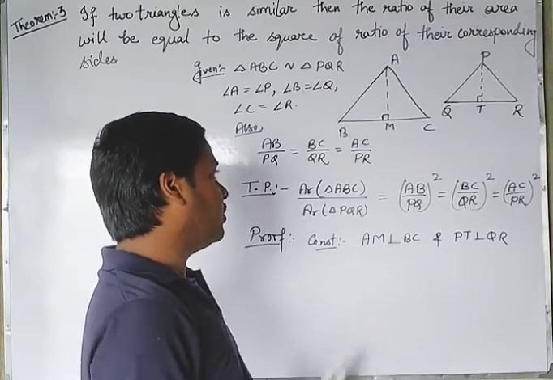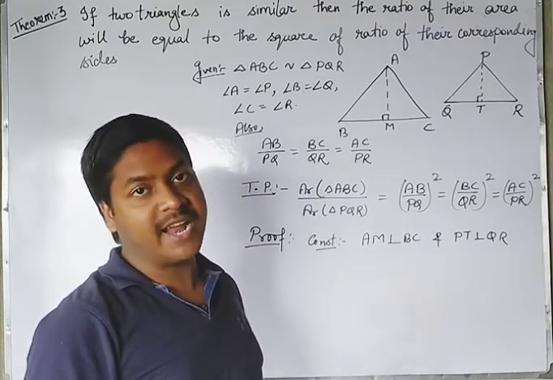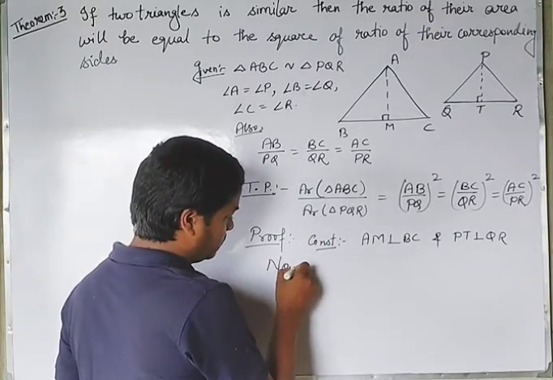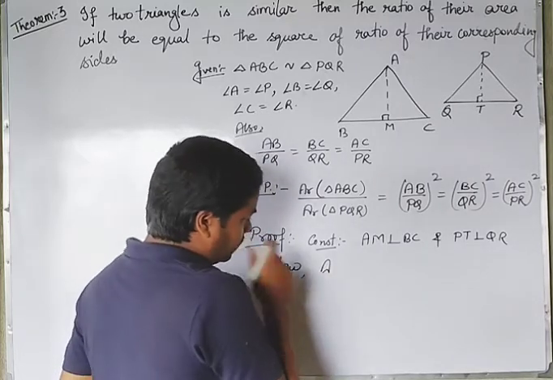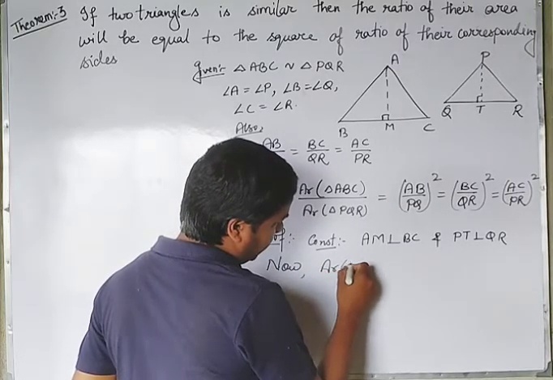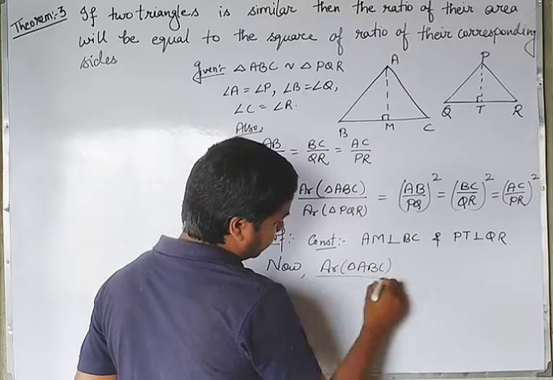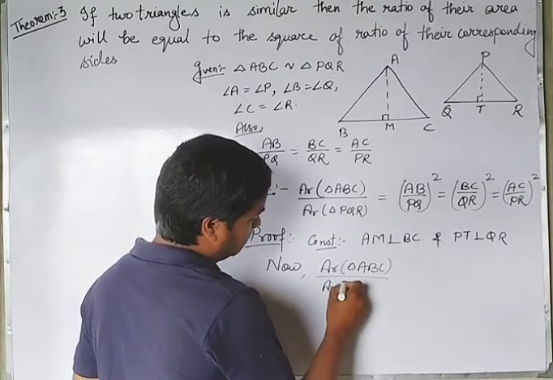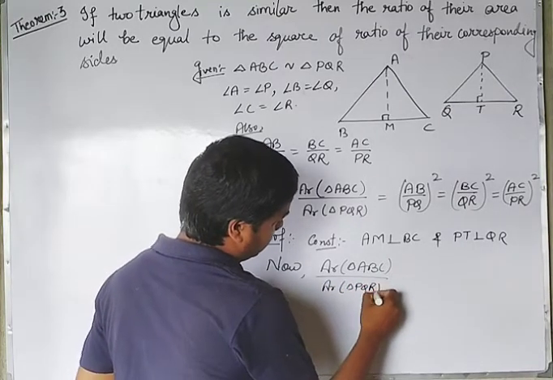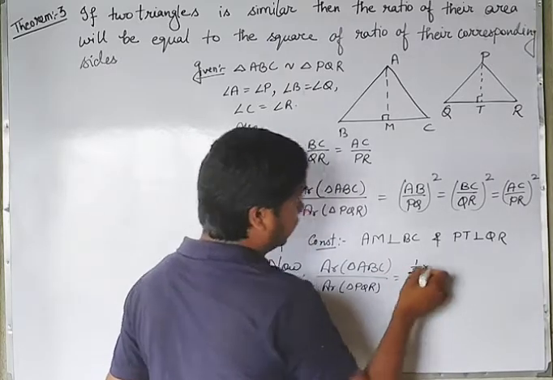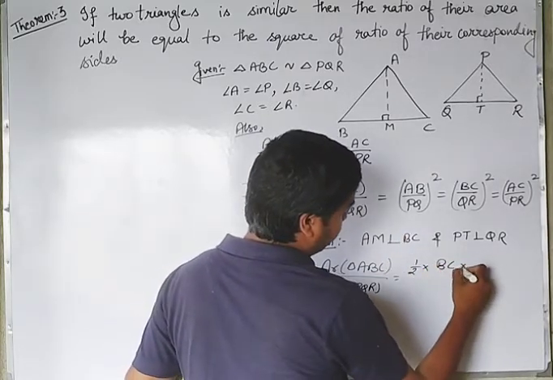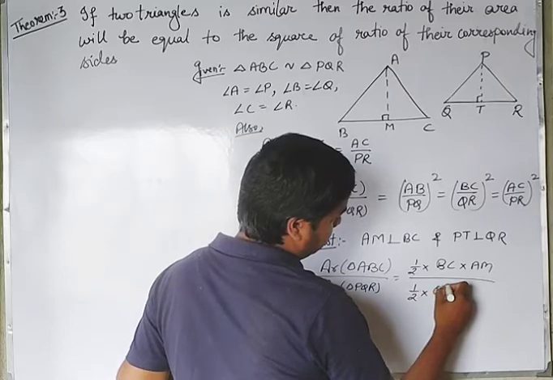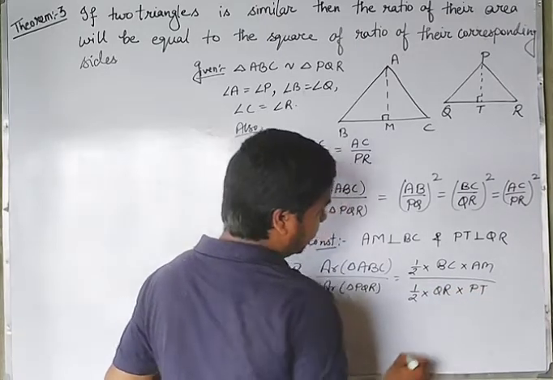Next, whatever we need to prove, I will take that as LHS. Now area of triangle ABC divided by area of triangle PQR will be equal to half into base BC into height, divided by half into QR into PT.